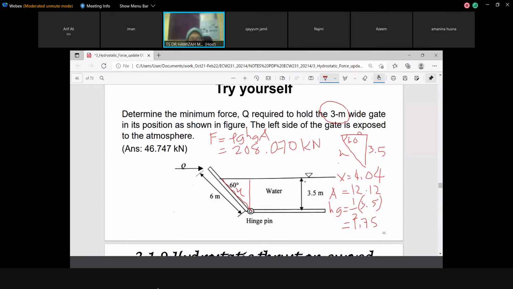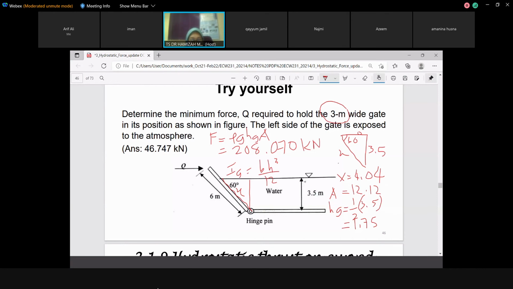Okay, and then you can get the HP. HP, this one is a rectangular gate lah, tak mention pun, tapi basically rectangular kalau tak mention. So, the second moment area IG ialah BH cube over 12. So, high ni ialah high of the gate.